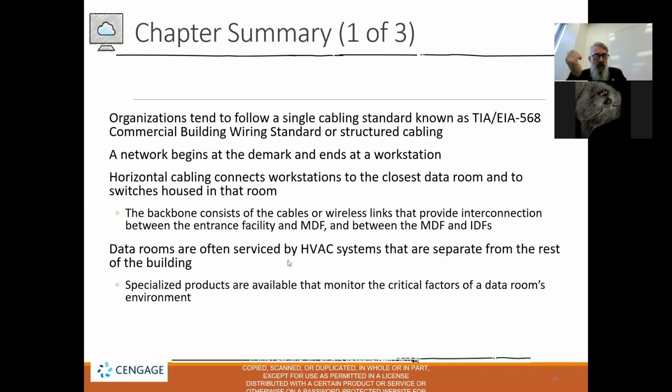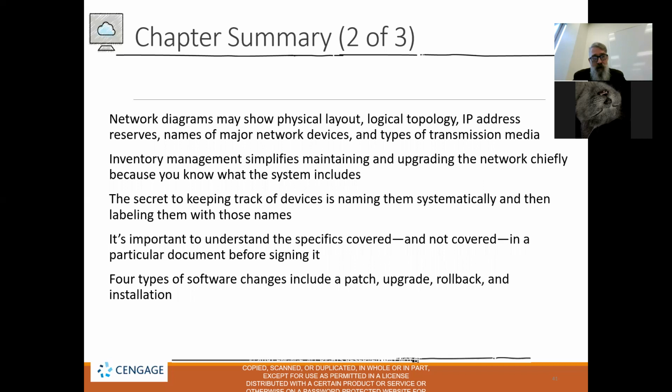Data rooms, they're going to have your computers in them. When it says this is serviced by HVAC, everything in the college is serviced by HVAC, but they're going to have their own. And maybe it will have its own uninterruptible power supply that might even include a diesel engine. That's what we've got down there in our MDF main data room. Okay, so we've got lots of different diagrams that you should get yourself familiar with: logical diagrams, physical diagrams, wiring schematics.